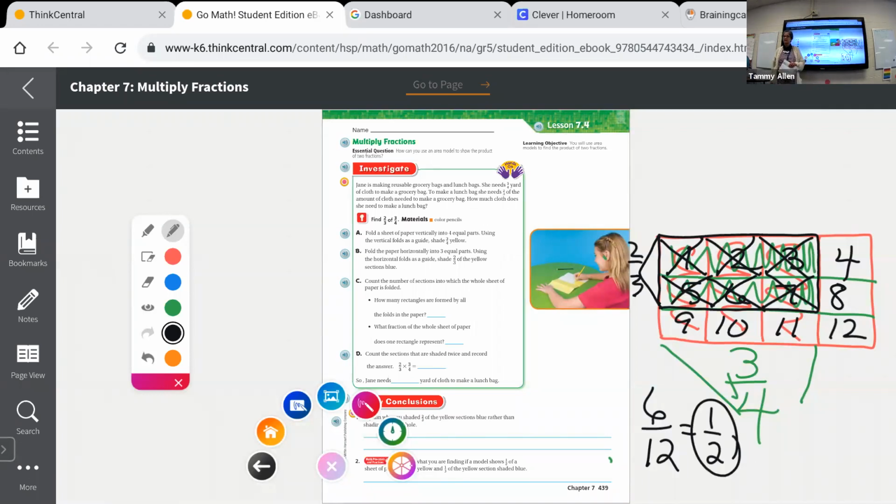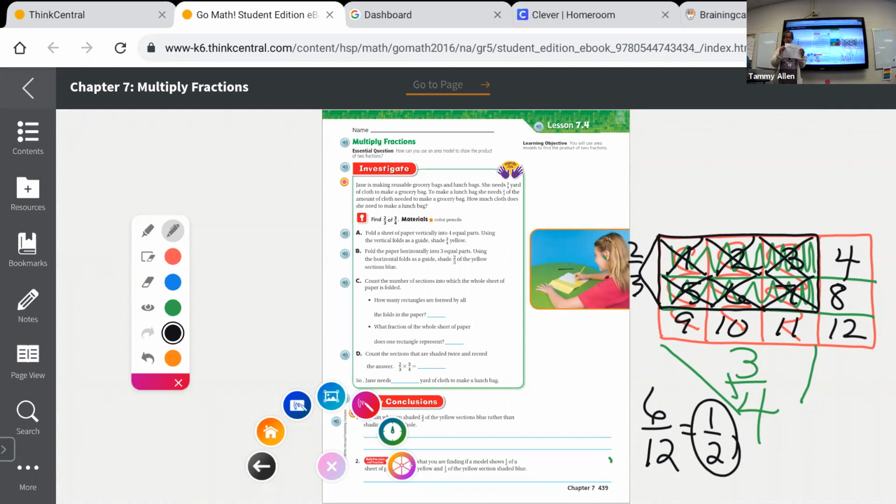Does that make sense? I thought you said you wouldn't use that other side of the rectangle. We only need that to know what size our pieces are, but we don't need it to shade it in.